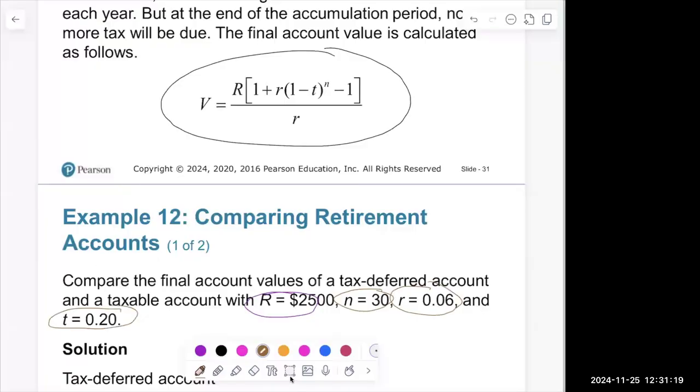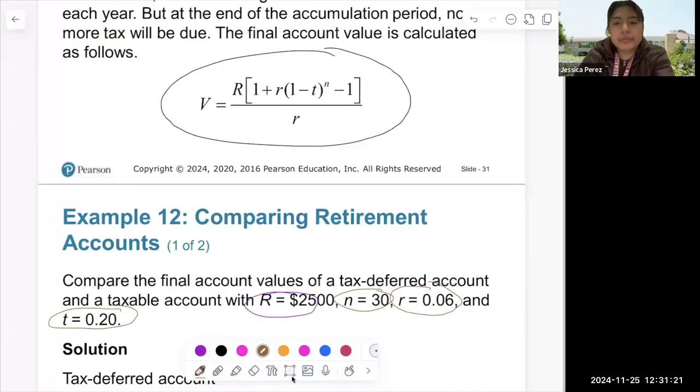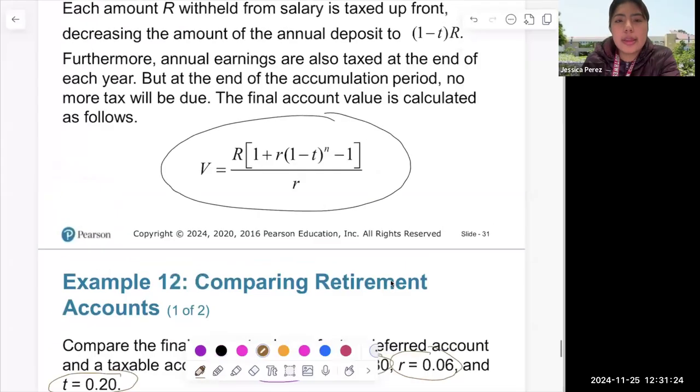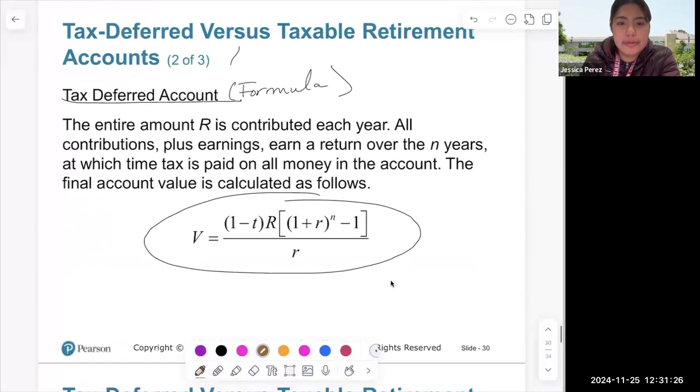Now let's look at the first formula, because the tax deferred is 1 minus t times R, 1 plus r to the n minus 1 all over r. Let's write this down.